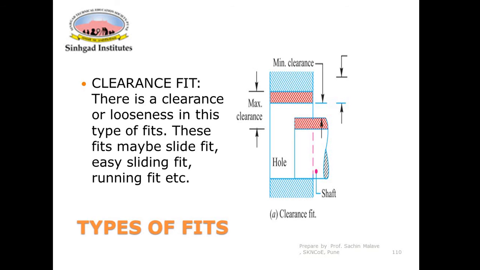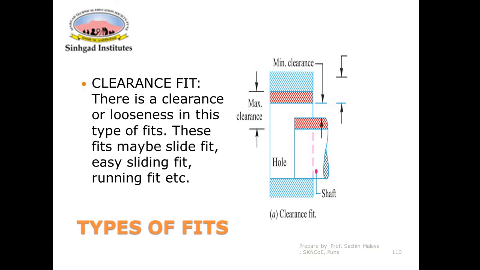So the difference between the size of the hole and the size of the shaft can be considered as a clearance. This distance between the minimum size of the hole and the maximum size of the shaft, from here to here, is the minimum possible distance between the size of the hole and the size of the shaft.